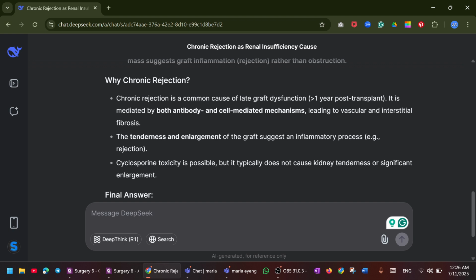Cyclosporine toxicity is possible as it also causes a gradual creatinine rise. However, the tender mass and the specific drug regimen may make cyclosporine toxicity a direct explanation of the combination. That does not make sense. Conclusion: here it says the answer is cyclosporine toxicity. Never mind.